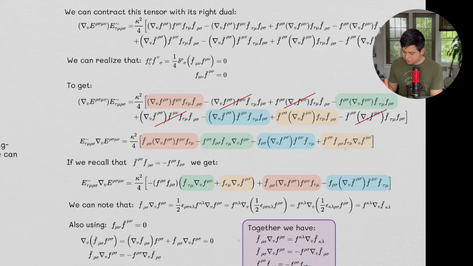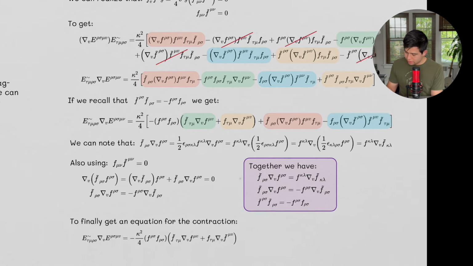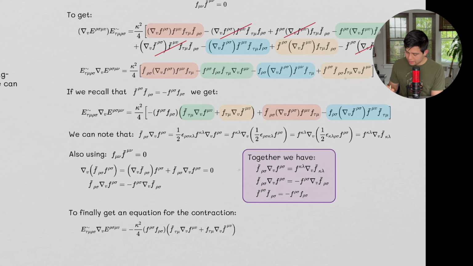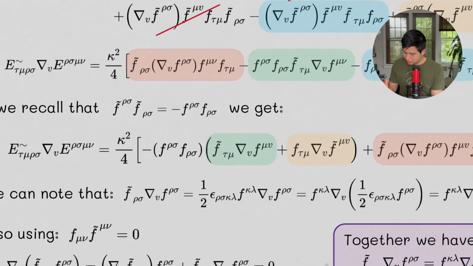Okay? So that's useful because now a lot of things will cancel. And the things that cancel in this term up here are the things that canceled out in red. And we're left with everything color-coded here. So this term here is this term here, this one, this one, this one, this one, and this one, this one. And then if we recall that this here, again, this isn't too difficult to see because these are duals.